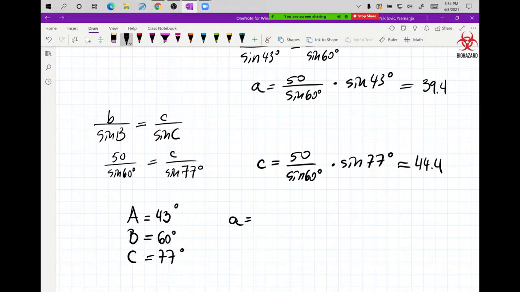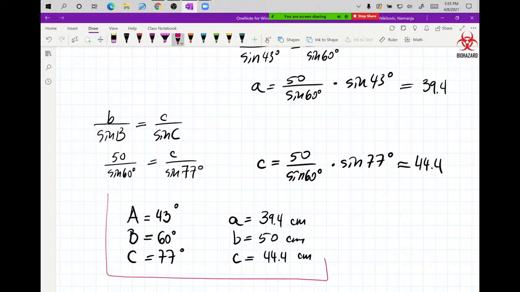Side A, 39.4 centimeters. Side B was the one that was given to us, which is 50 centimeters. And side C, 44.4 centimeters. This is what your answer should look like, because this answer clearly lists all three sides and all three angles.